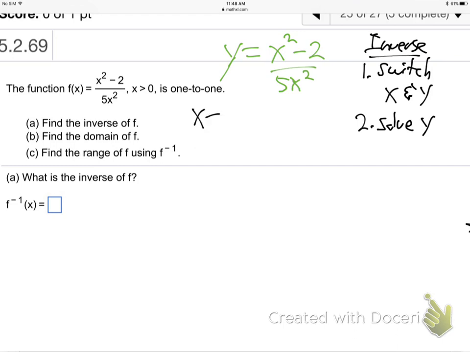So x here. Good there. Then multiply by the denominator.